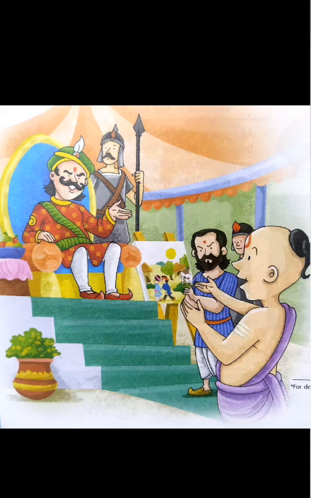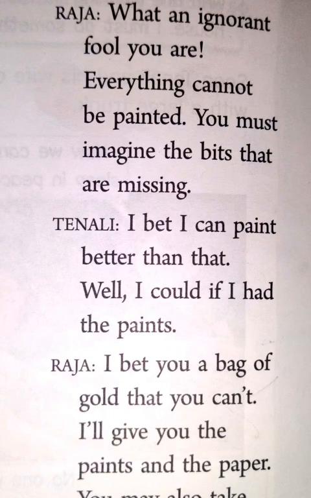Yes, hearing this, Raja is a little bit angry with Tenali. And so he says, What an ignorant fool you are! Everything cannot be painted. You must imagine the bits that are missing.